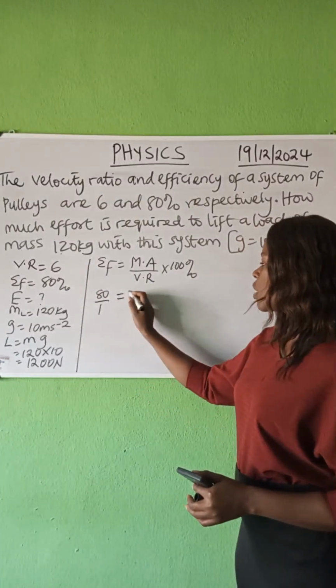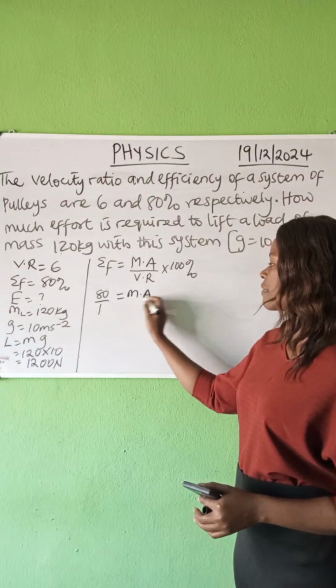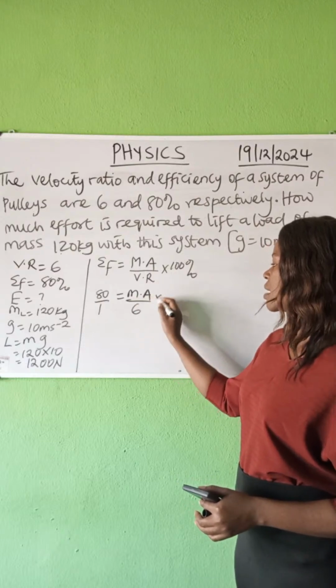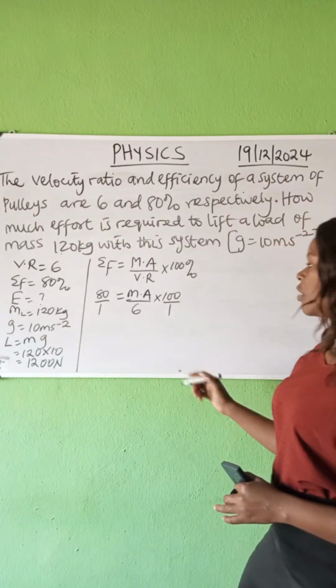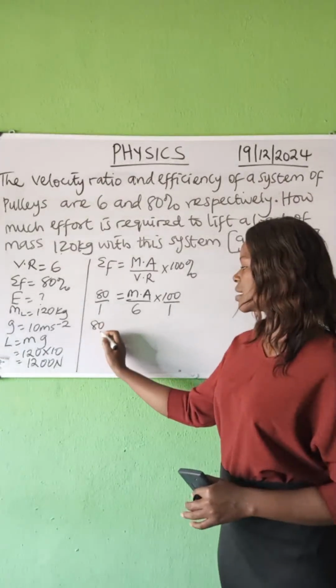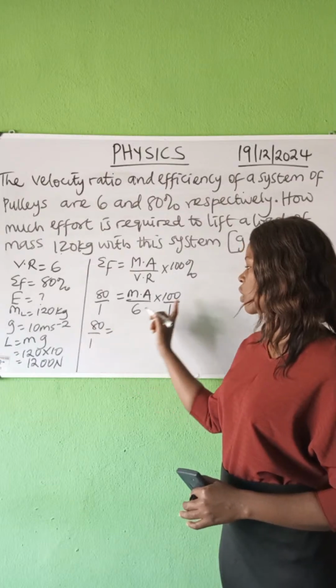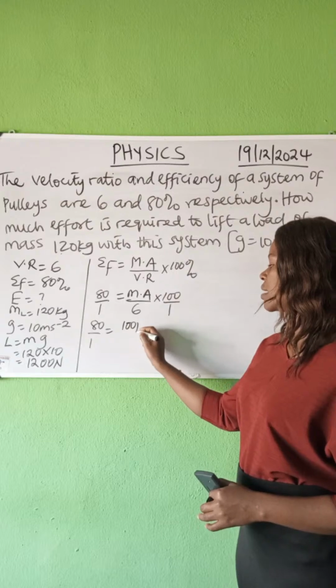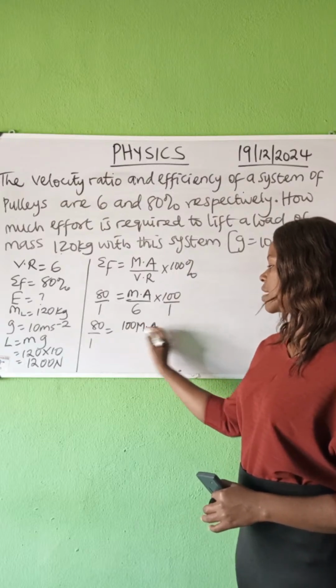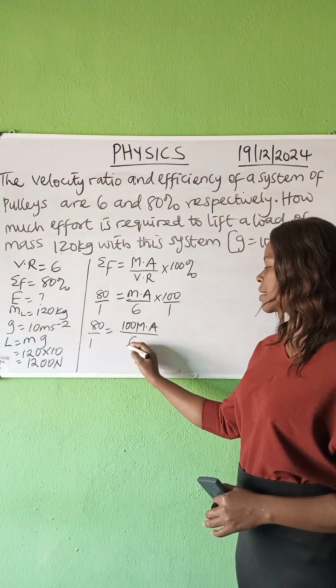Then this is equals to MA divided by 6. Then multiply by 100 over 1. Then if I go down, I'm going to say that this is 80 over 1 is equals to 100 times MA is going to give me 100 MA, right? Then I divide by 6.